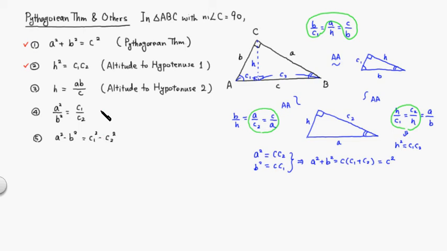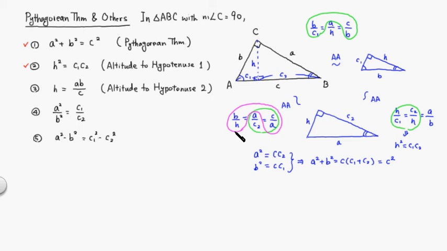And the third one, altitude to hypotenuse number 2. We're looking for c, h, a, b. So which equations involve all three? How about here? If you look at these two, we need to get this one.